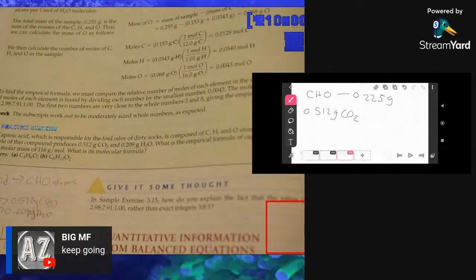I'm wondering how I'm gonna do this. Yeah, let me just write it down again. The other problem. All right. And we got 0.209 grams of H2O.